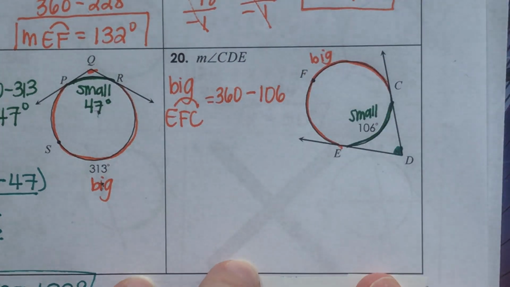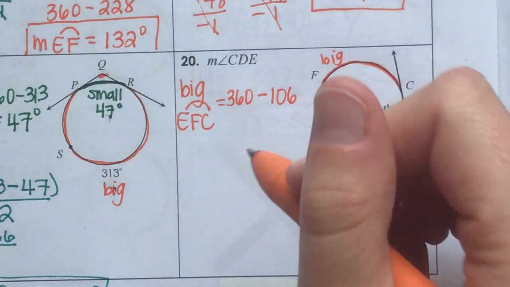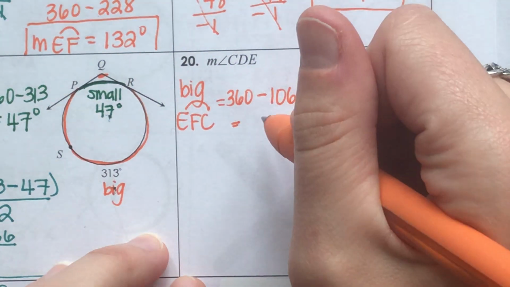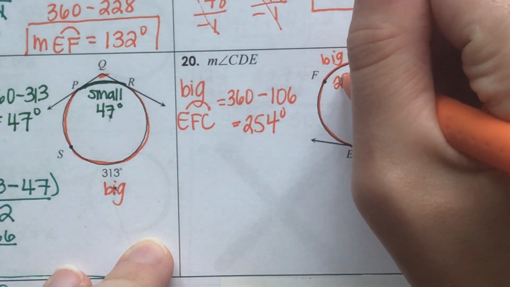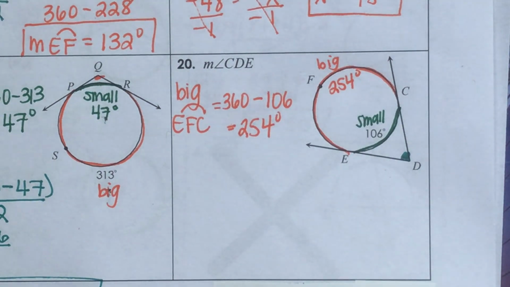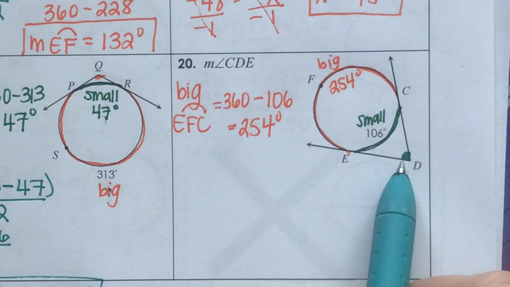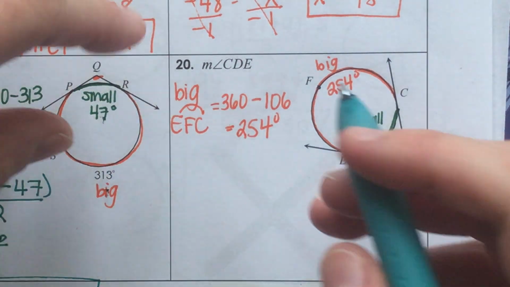So I'm just going to subtract 360 minus 106 degrees. And if I do that, I get 254 degrees. So now that I have that, I can do the angle equals big minus small divided by 2.